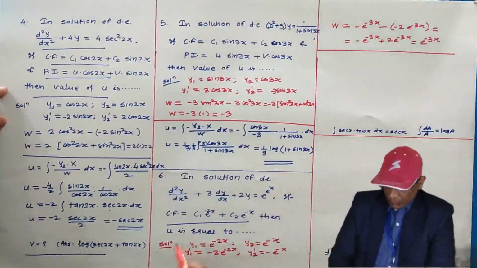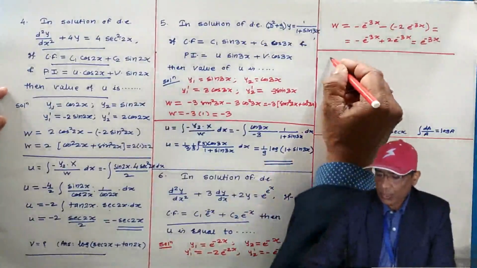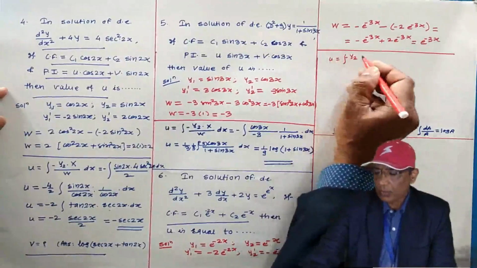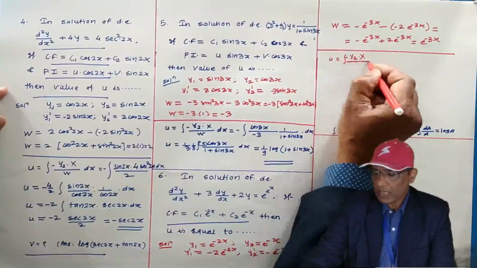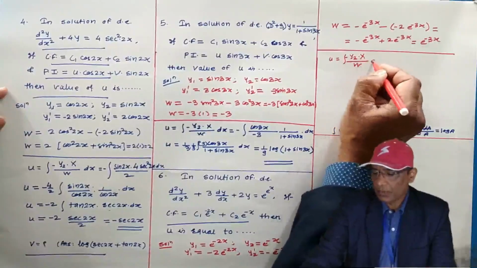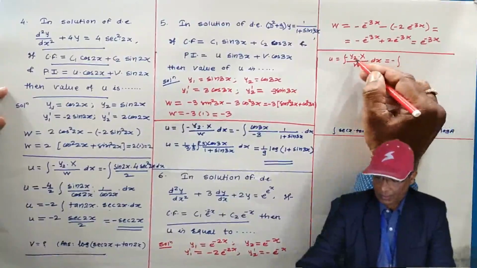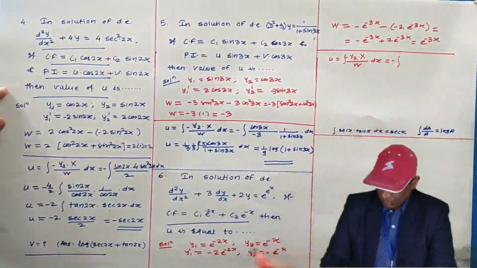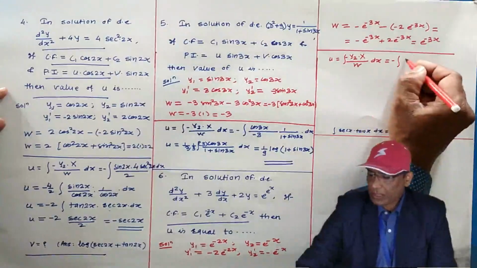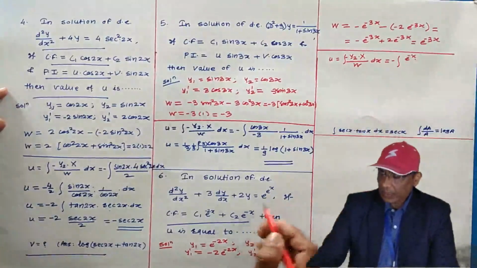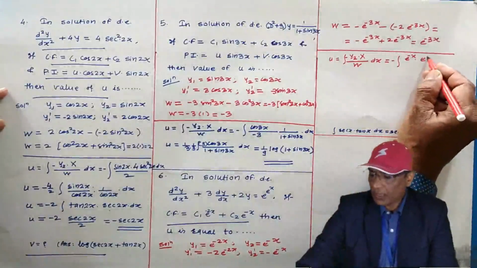Now what is asked to find? The value of u is asked to find. U equals the formula: integral of y2 into the right hand side, that means capital X by W, with respect to x. This is the formula for u. Take minus outside, y2 is e to the power minus x. Capital X is the right hand side, e to the power x here.